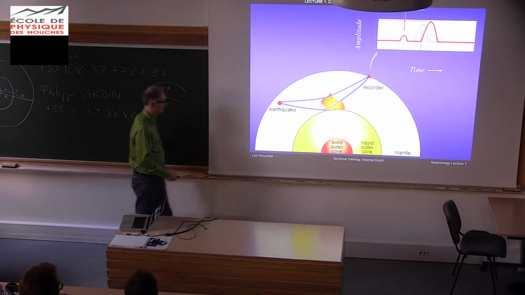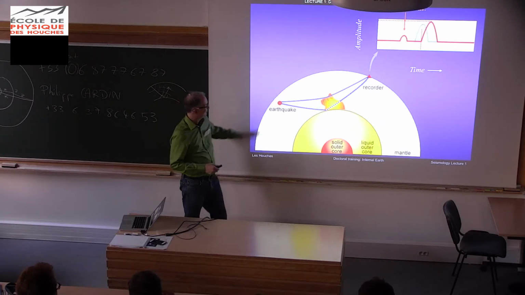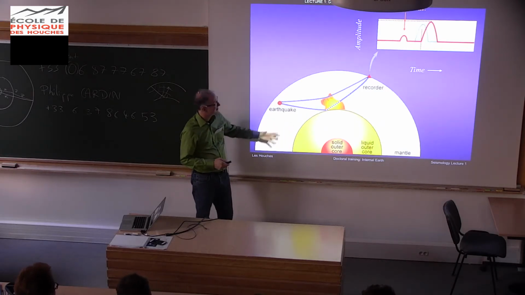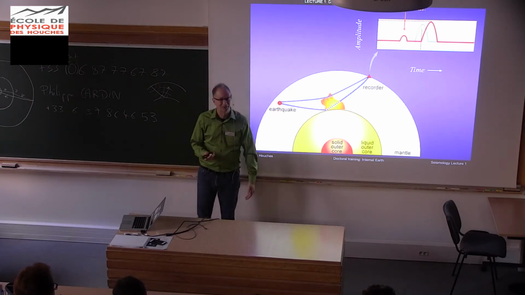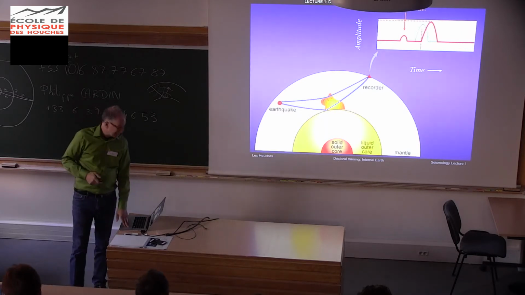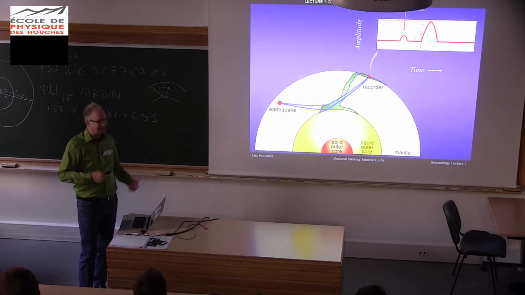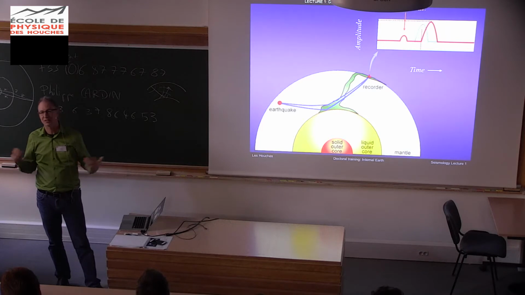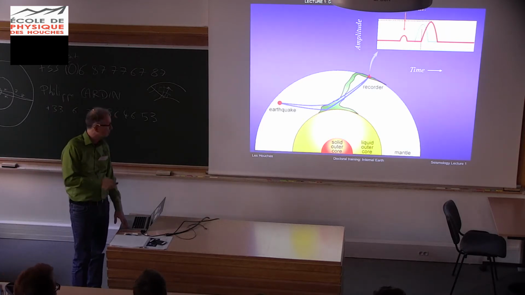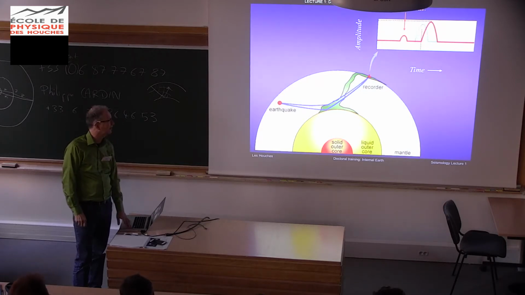The other part of it is you might see something you didn't expect, like, oh, here's a new arrival. My reference model of the interior does not predict anything showing up here. So what could that be? Is it some reflection off of my little gummy bear here, or is it something having meaning in terms of our tectonic understanding of the interior, or interpretations of seismic tomography like we saw last night?